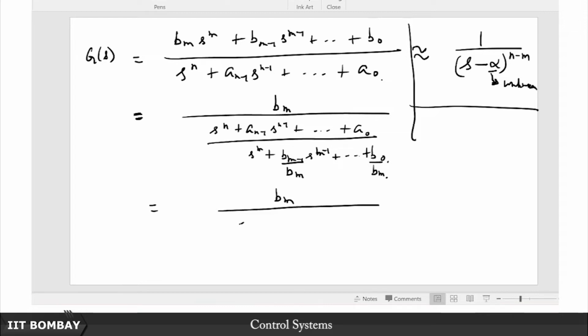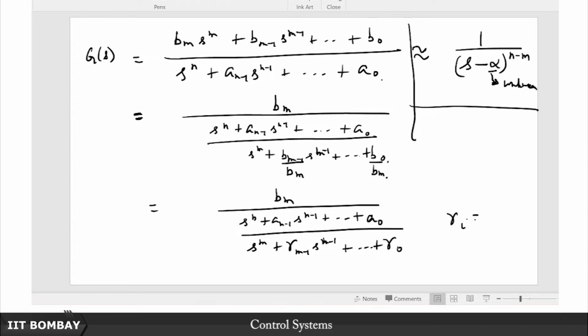This is basically s to the n plus a n minus 1 s to the n minus 1 plus dot dot dot plus a naught upon s to the m plus gamma m minus 1 s to the m minus 1 plus dot dot dot till gamma naught, where gamma i is equal to bi upon bm. So that's just redefining the polynomial.